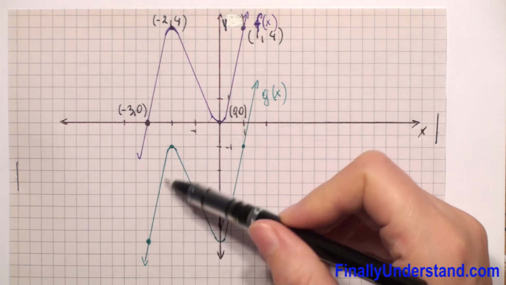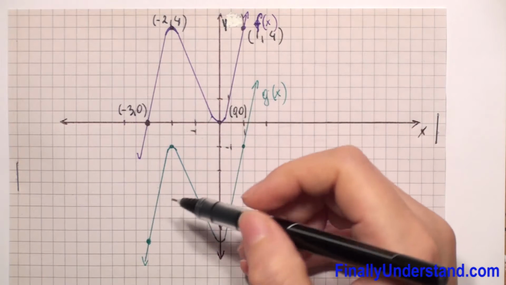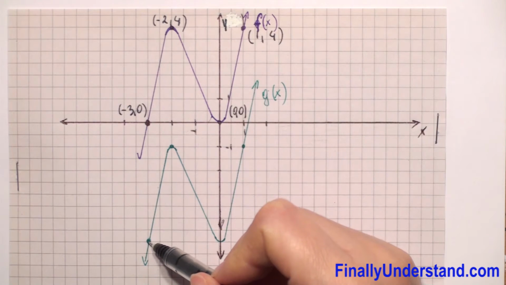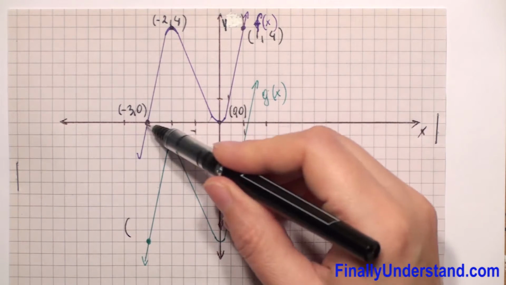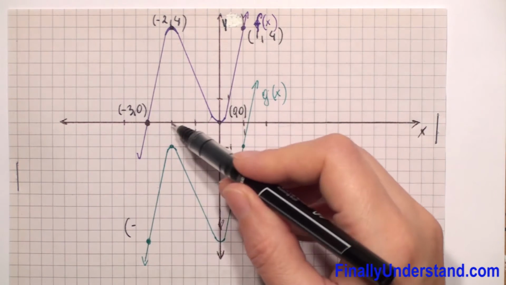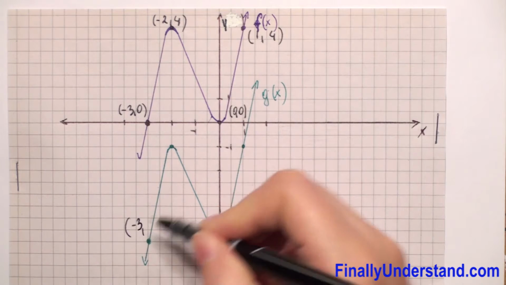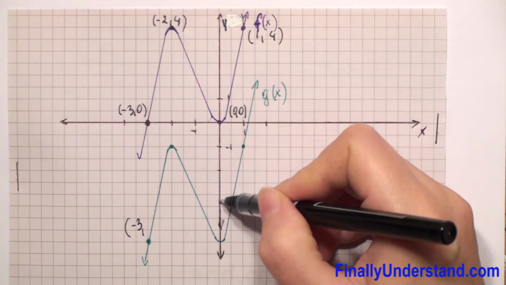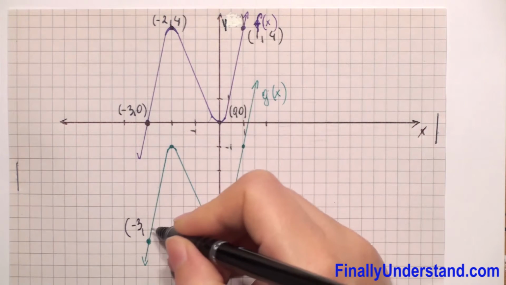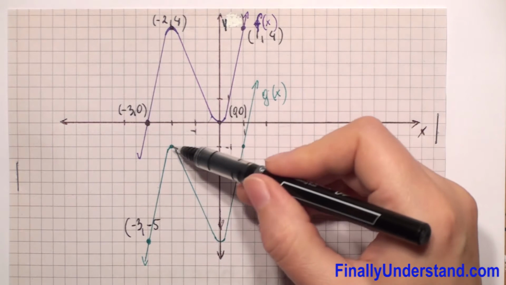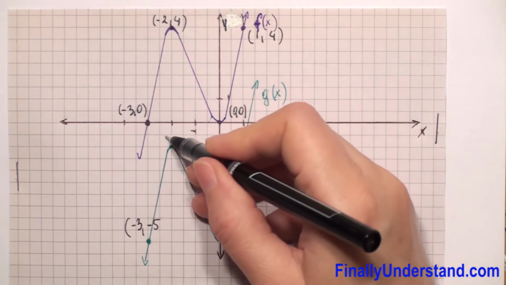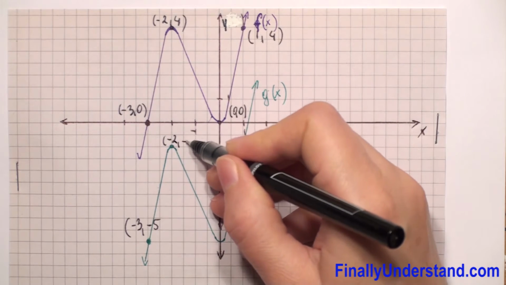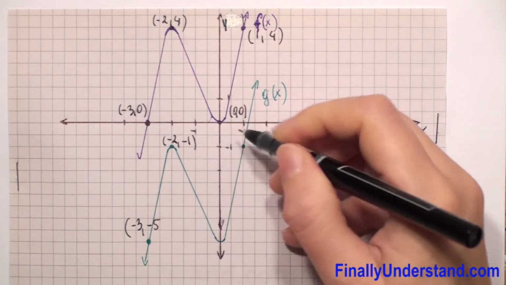the points of the g function. We have this point, which has coordinates -3 and -5. This next point has coordinates -2, -1.